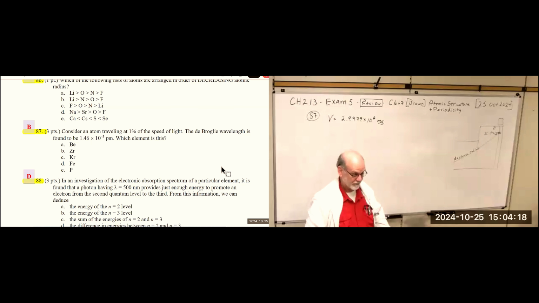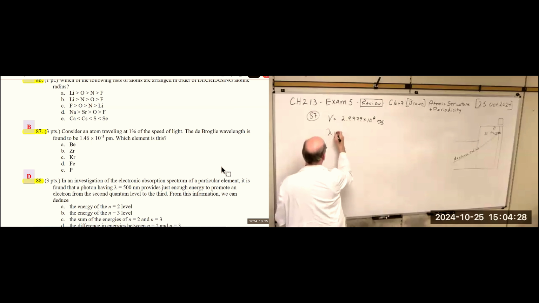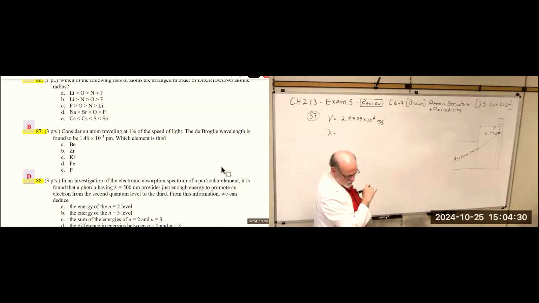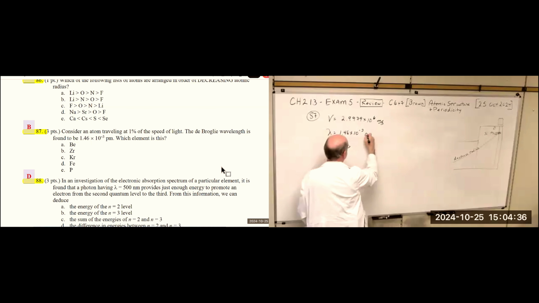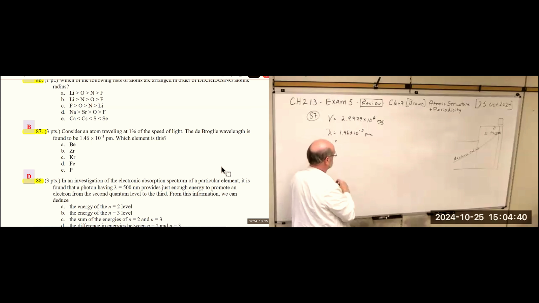So we know the velocity. We also know the wavelength. The de Broglie wavelength is 1.46 times 10 to the minus 3 picometers. That needs to be in meters, I'm pretty sure.